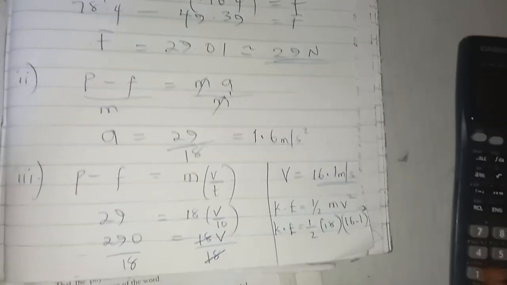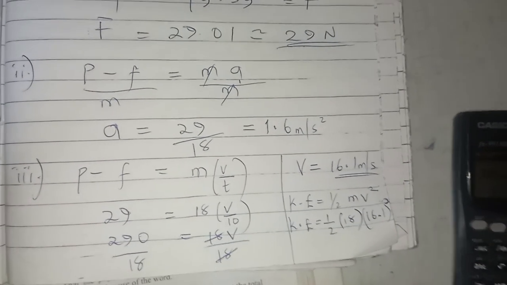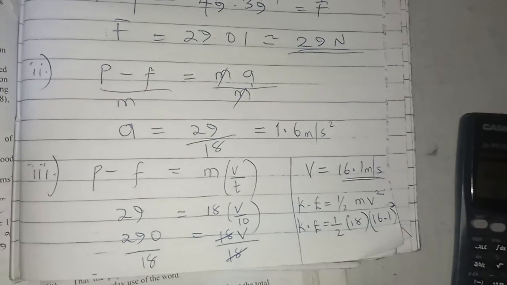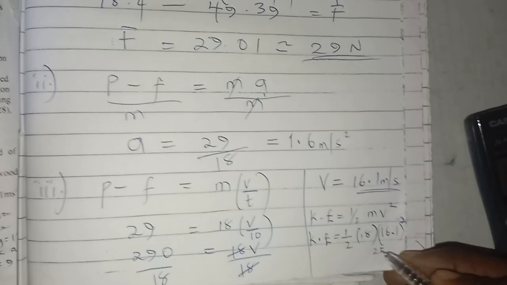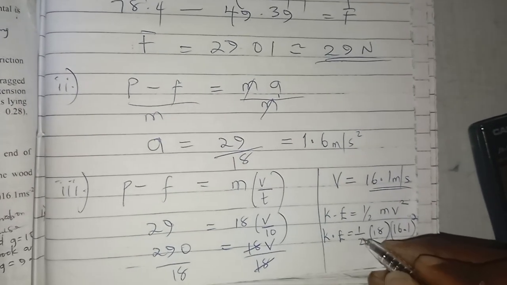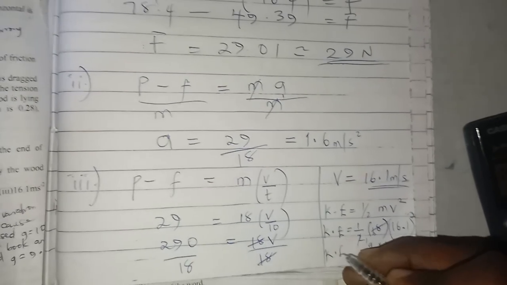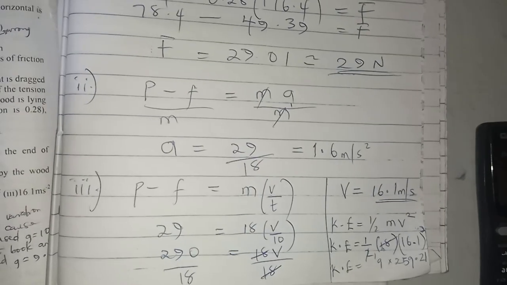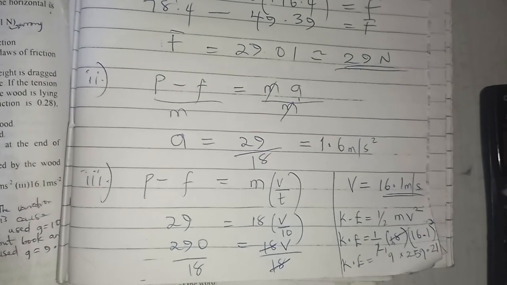So let me punch it. If I do 16.1 times 16.1, I get 259.21. Now times a half of 18, which is 9, so 259.21 times 9.